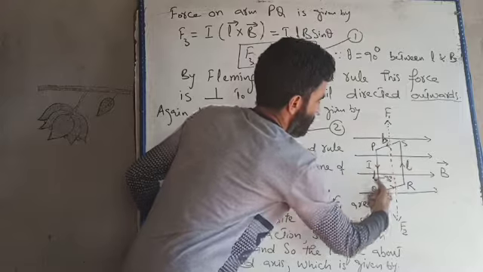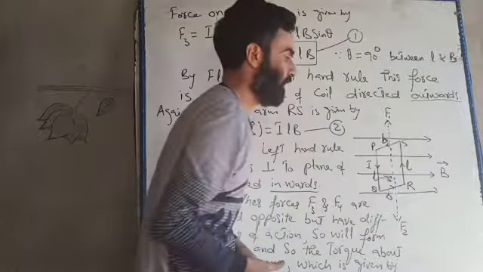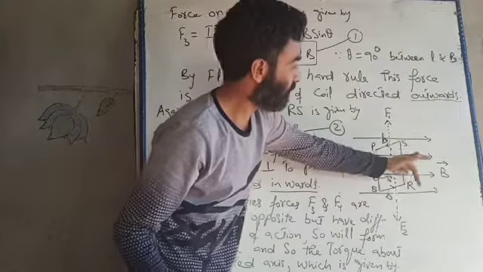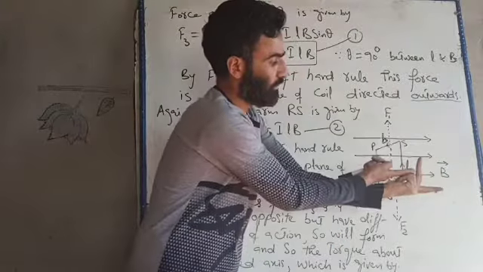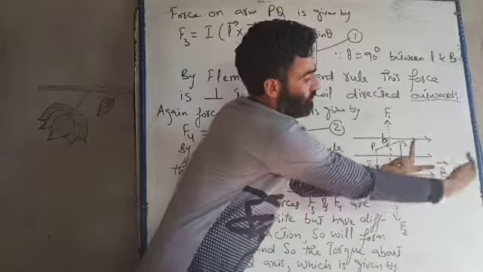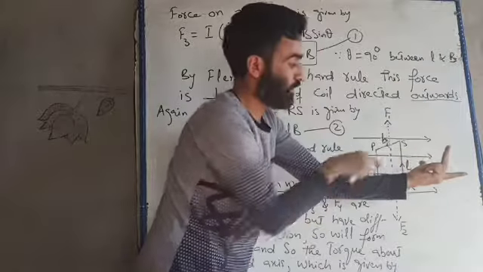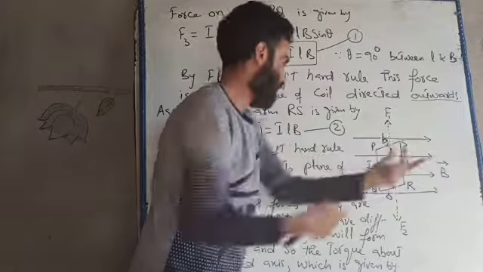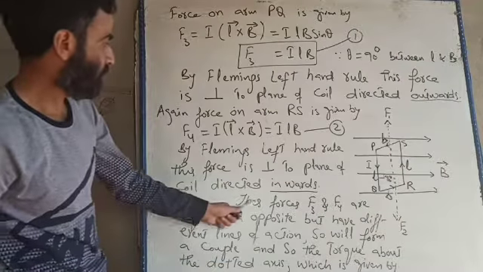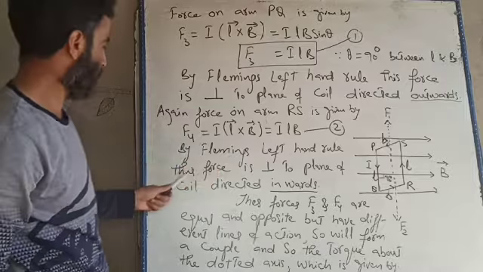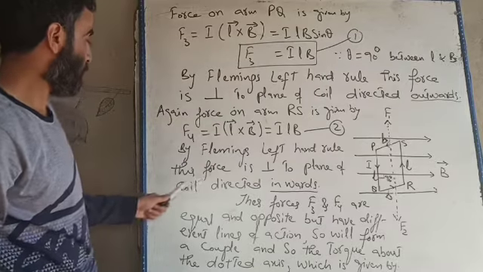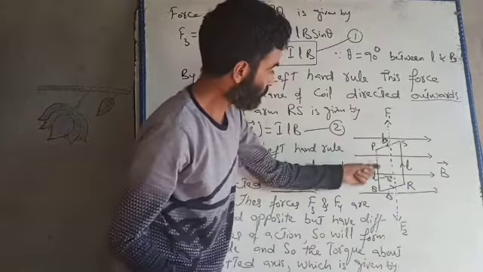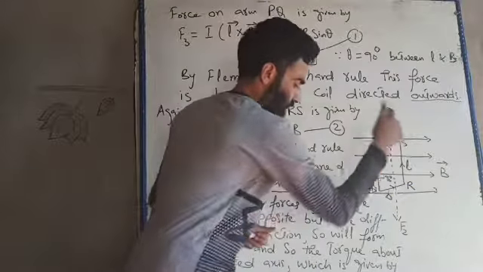Here it comes, then comes down, then goes here, then comes up. Now apply this. This is the electric current. This time current is moving upwards like this. Current is upwards and the direction of magnetic field is that way. So the force will act inwards to the board, which I have written here. By Fleming's left hand rule, this force is perpendicular to the plane of the coil, directed inwards like this. This force was outwards and this force is inwards.